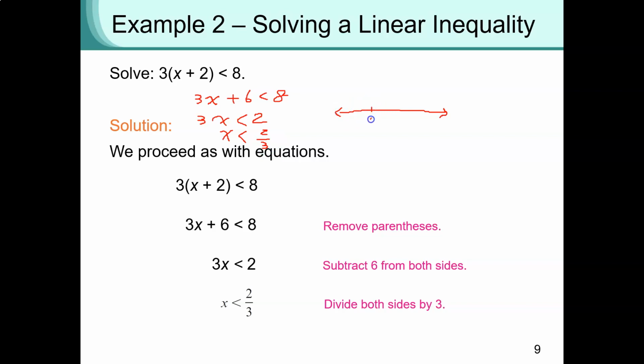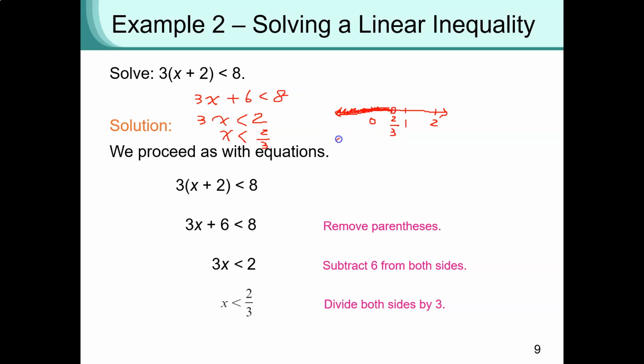So I'm going to label the 0 here, 1 here, 2 here. 2/3 is about here. So this would be the open circle at 2/3. So any number you can take, as long as it is less than 2/3, will satisfy this question. But you cannot pick 2/3 exactly.